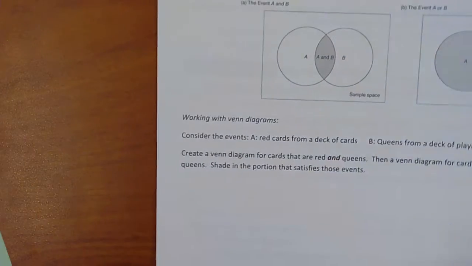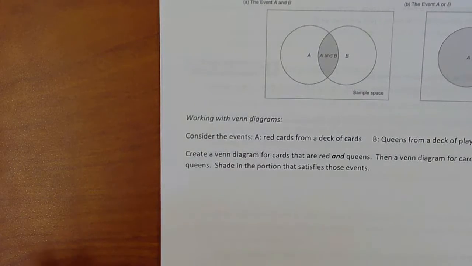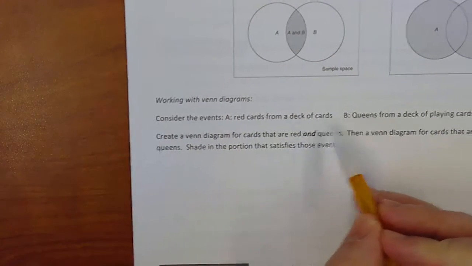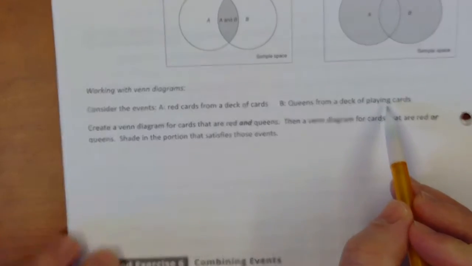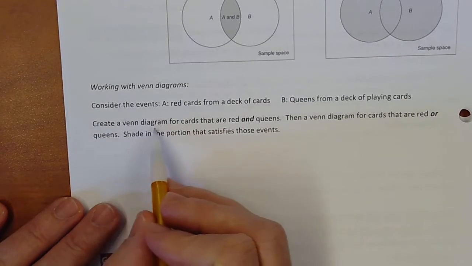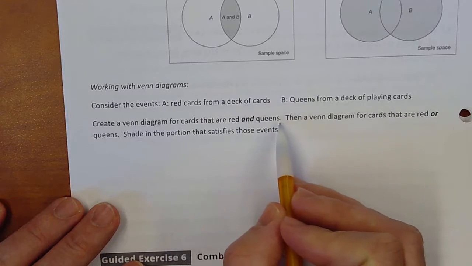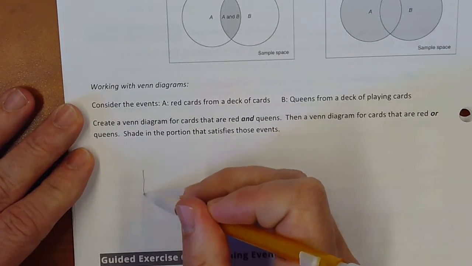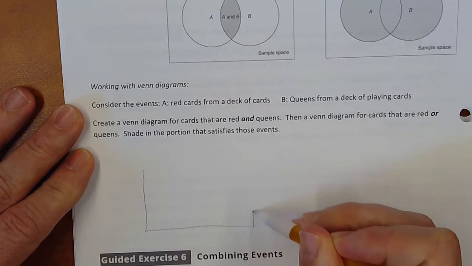All right, so we have event A, red cards from a deck of cards. B is going to be the queens from a deck of playing cards. Create a Venn diagram for cards that are red and queens. Okay, so let's start with that one. So let's create a box.